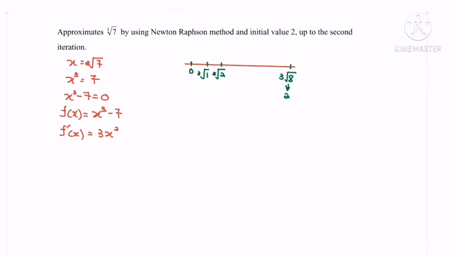So the question is, where is the location for cube root of 7? It must be before the cube root of 8. So here we have cube root of 7. As we can see, it's actually in between 1 and 2.